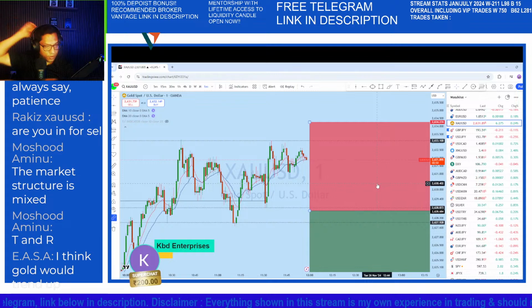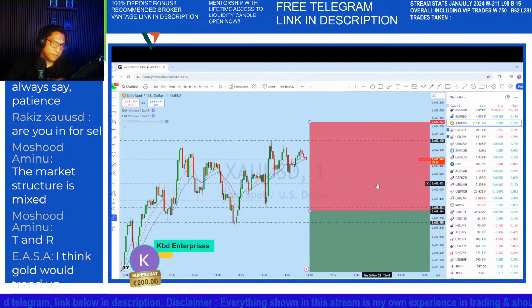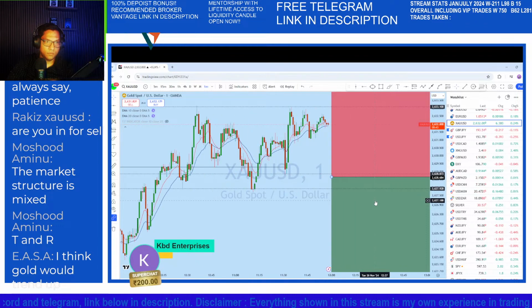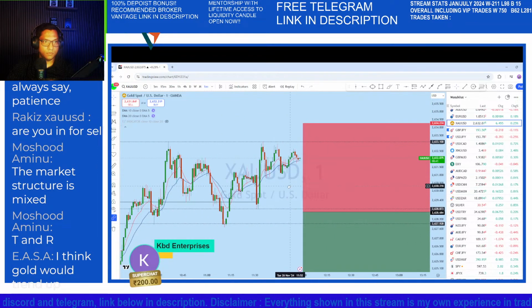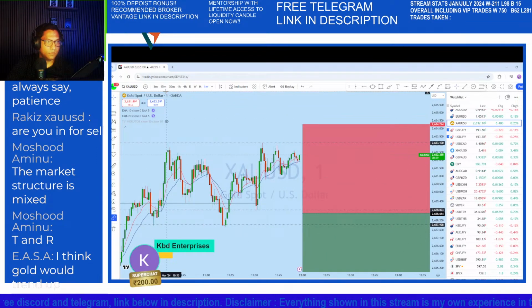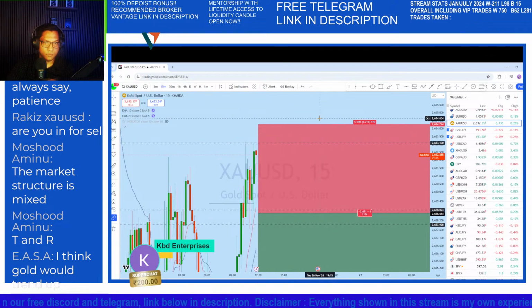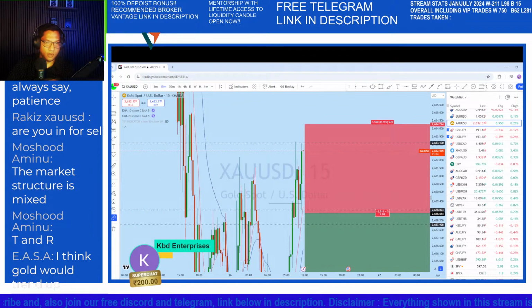We see a couple of narrow candle formations. Might feel that weak.